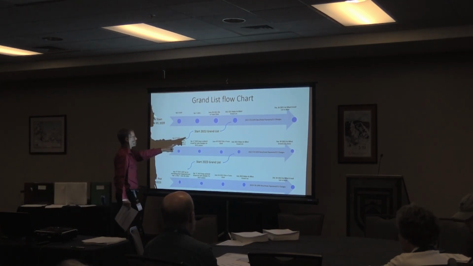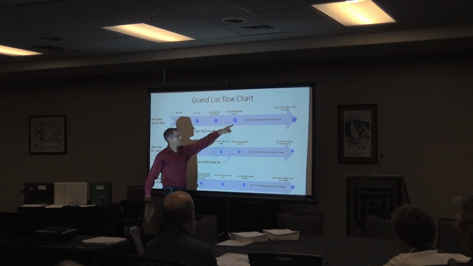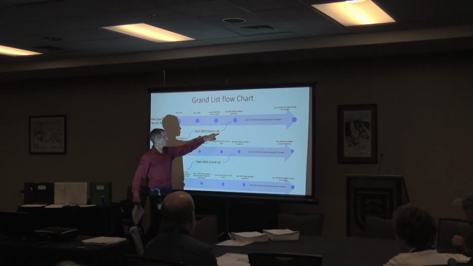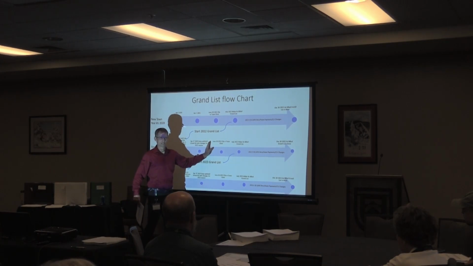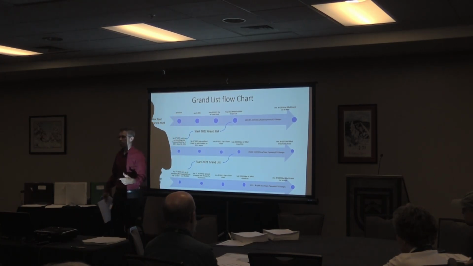But we also have to go back to our working grand list and start appraising things that happened April 2nd of 21. We have to catch up from April 2nd to June 30. And then we have to keep making more changes for 2022.